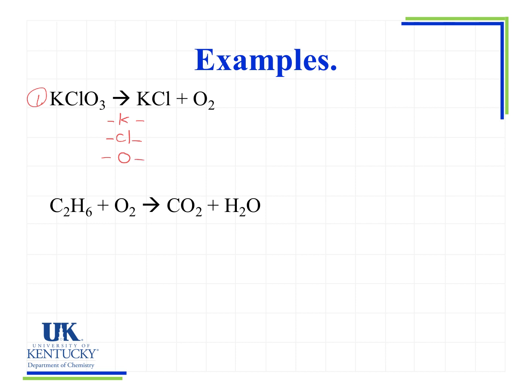So for potassium, we have one, chlorine one, and 3 oxygen. On the product side, we have 1 potassium, 1 chlorine, and 2 oxygen. So it seems like it's balanced for potassium and chlorine, but for oxygen it's not. You have 3 oxygen in the reactant, and on the product side, you have 2.